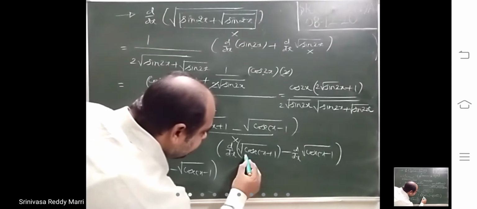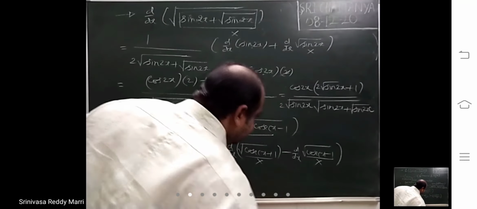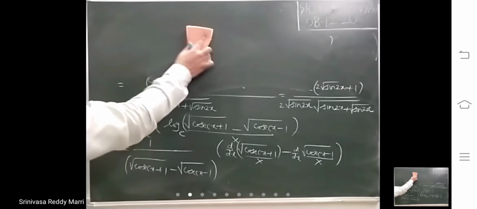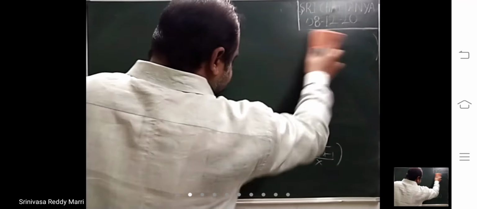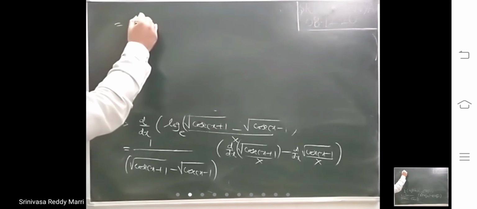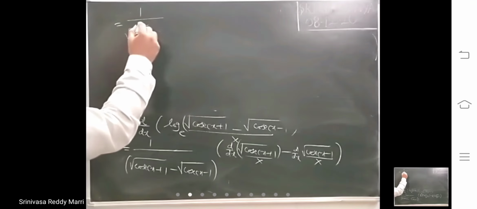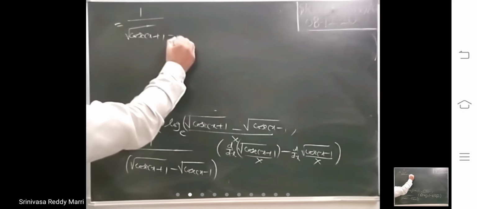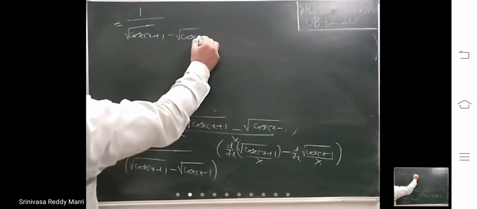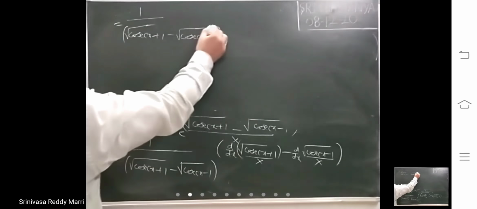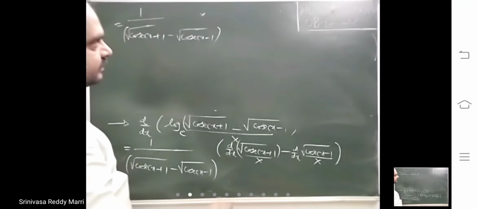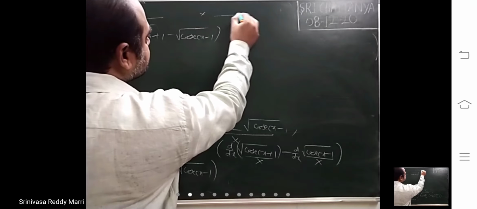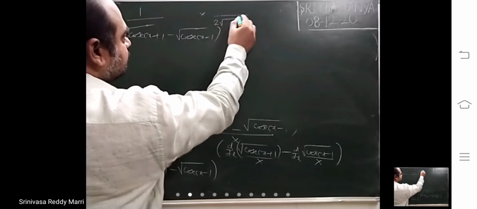Now here it is x, here it is x. Both are of the form d by dx of root x. Write the formula first. What is the formula? 1 by 2 root x.